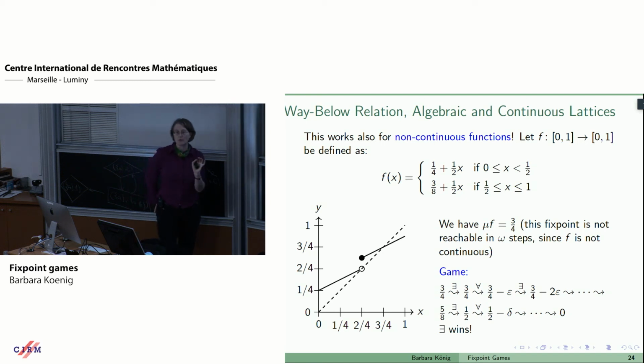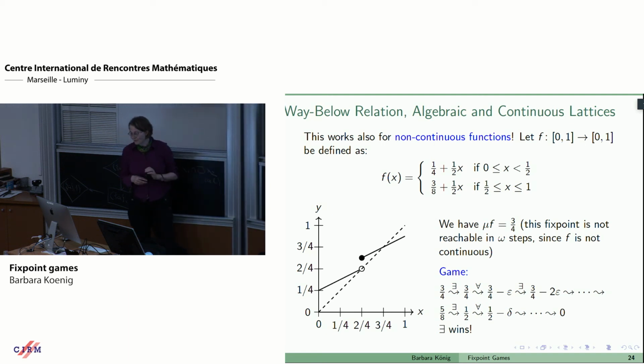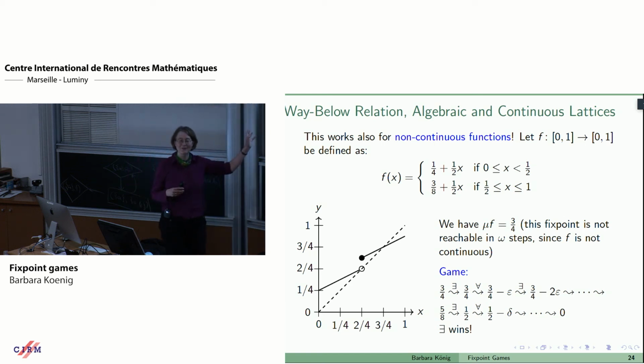Actually, 0 is way below itself, but the 0 is specifically excluded. We would not have to exclude it if directed sets could be empty, because then 0 would not be way below itself, but directed sets must be non-empty, so we have to. This is the reason why we have to make this case distinction here.